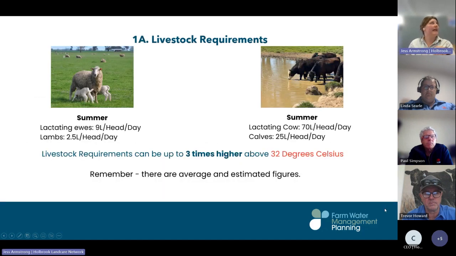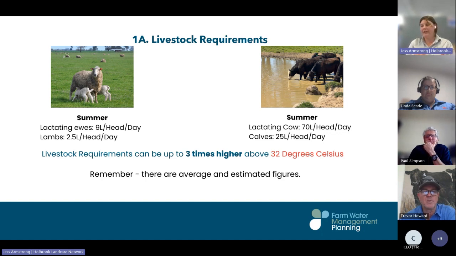As we can see, our livestock requirements in summertime vary depending on the stock class. After it gets above 32 degrees Celsius, though, we can expect that our livestock drinking requirements will increase up to 3 times more. All of the numbers that you see in any of the figures and tables throughout this process are averages and estimated figures, so you can take them with a grain of salt.